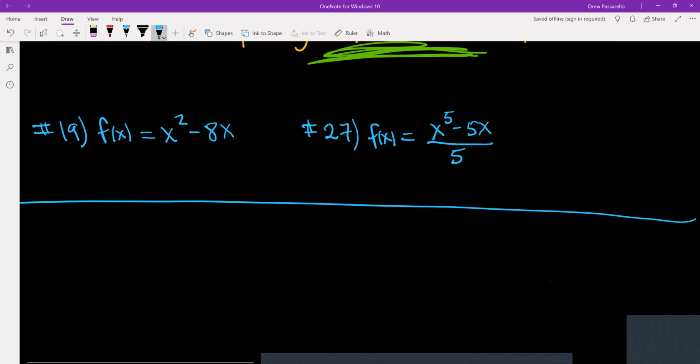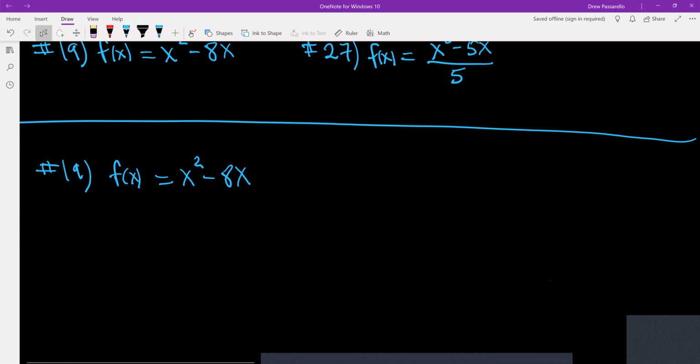All right, so number 19. All right, so first thing we need to do is find its derivative. So f prime of x. Derivative of x squared is 2x by power rule. And then it'll be minus, and then 8 times 1, because the derivative of x is 1.